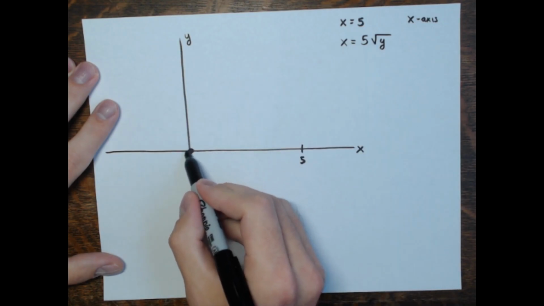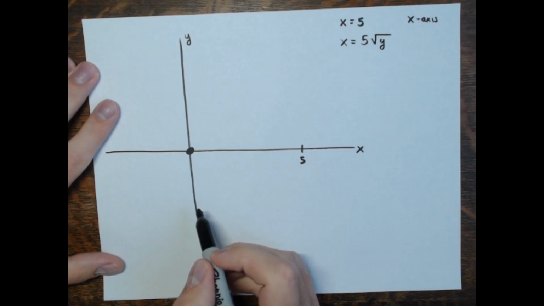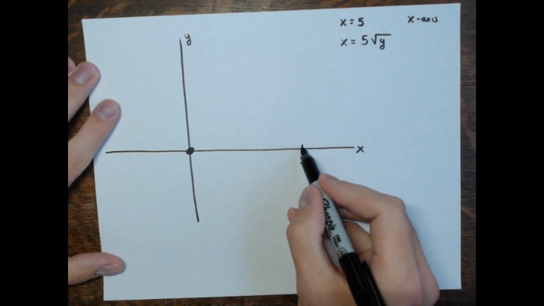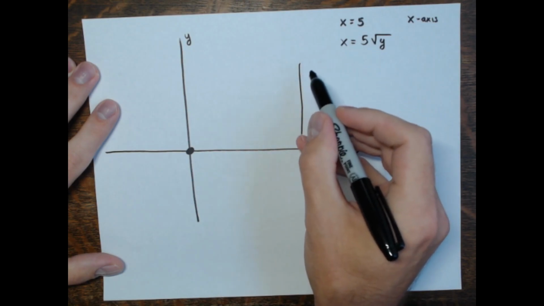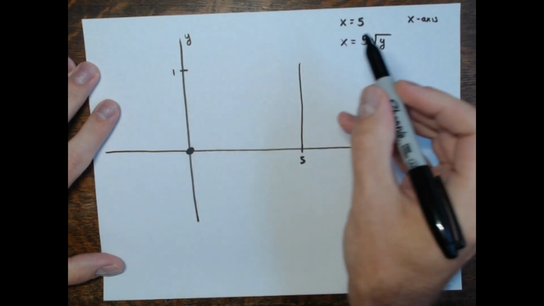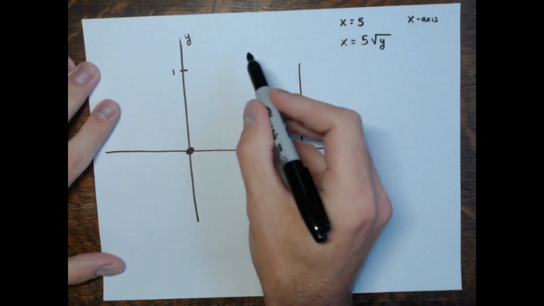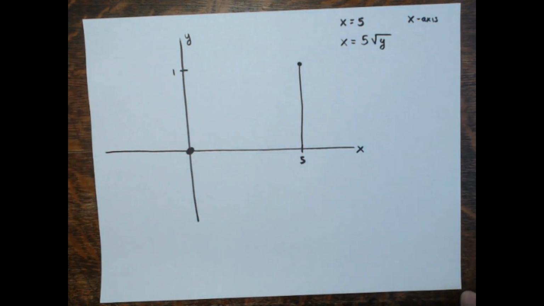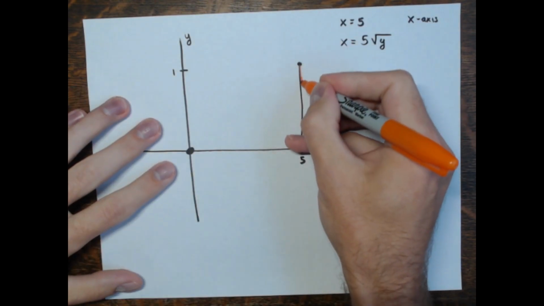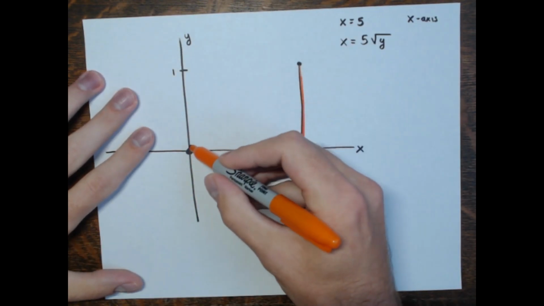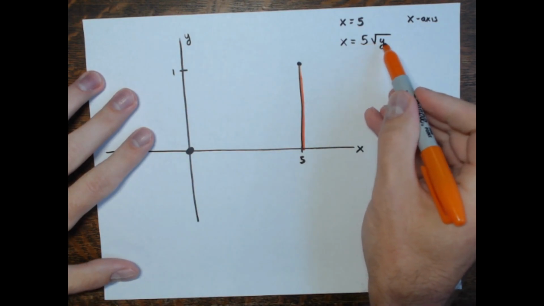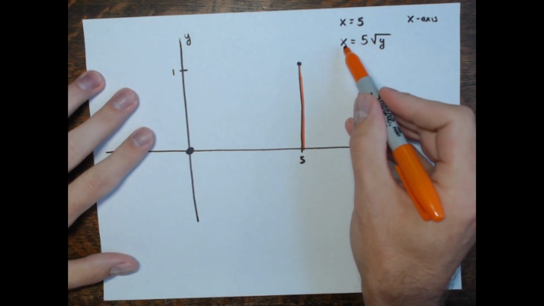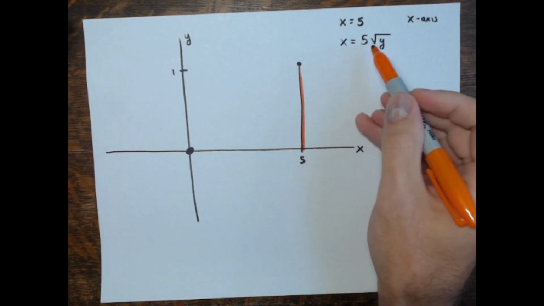Now x equals 5 root y. When y is 0, x would be 0. And when x is 5, y would have to be 1, right? 5 times the square root of 1 would be 5, and there's that point (5, 1). So there's x equals 5, a vertical line. I guess I should have drawn that in a different color. And then x equals 5 root y would be the same thing as y equals x squared over 25.